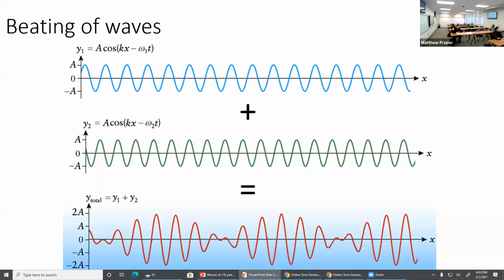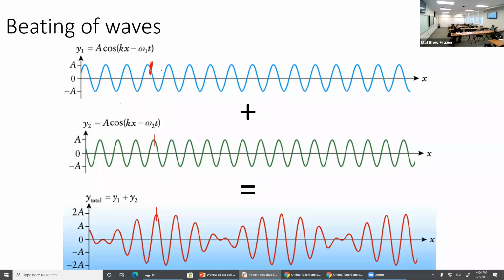What I want to point out is that at certain points, let me turn on the pen. Let's say at this point, which is clearly the maximum, it adds up quite well.